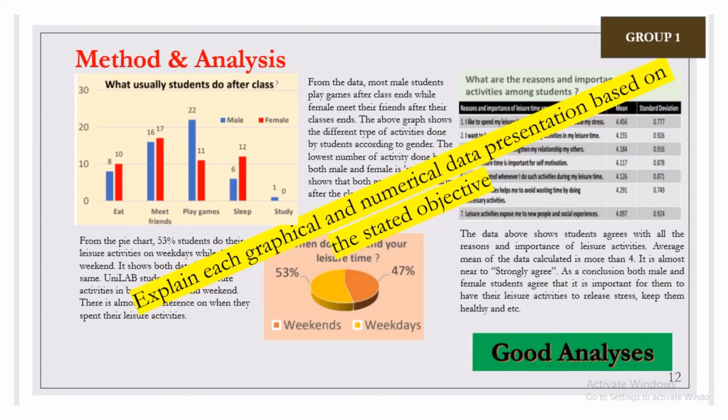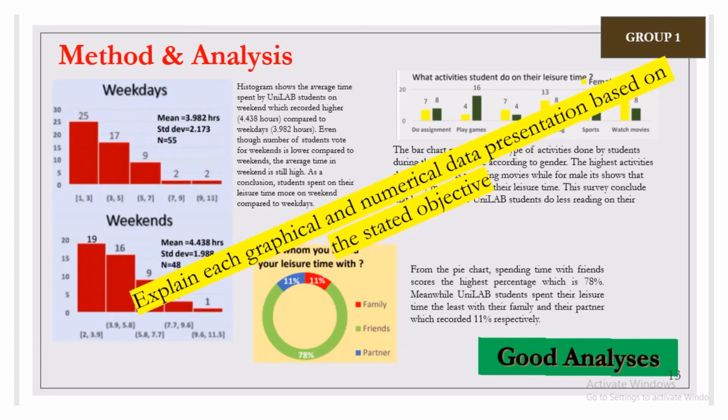Apart from that, clear interpretation of analysis based on the project objective is available. A project report that includes in-depth explanation of how to organize, summarize, and analyze data will probably get full marks. Another good method and analysis report. The project report clearly includes in-depth explanation of how to organize, summarize, and analyze their data.